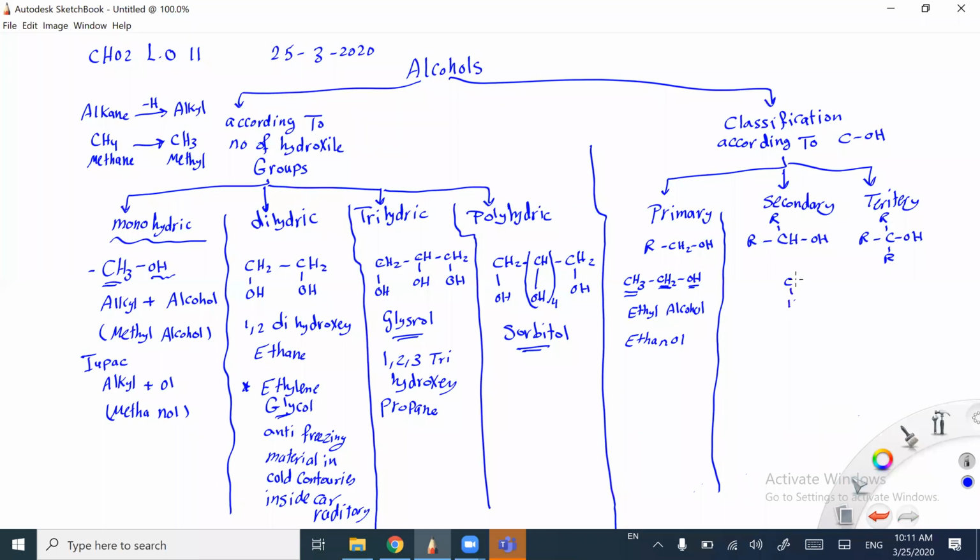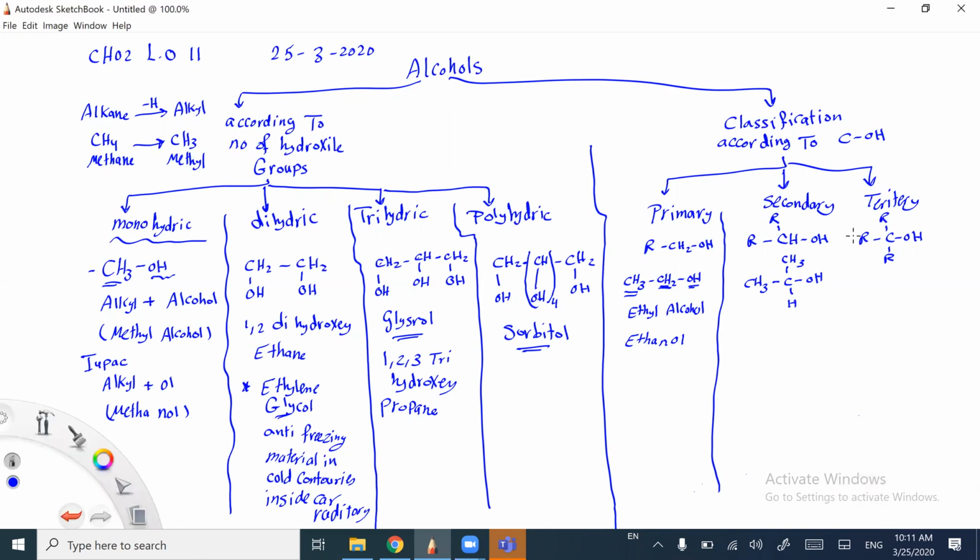CH, OH. Two alkyl groups, CH3, another one, CH3. I want to give it a name according to the common system and according to the IUPAC name. According to the common system, we count all the carbon atoms.